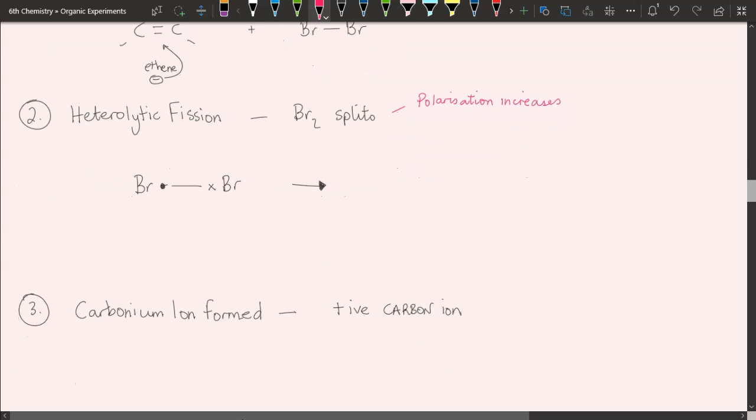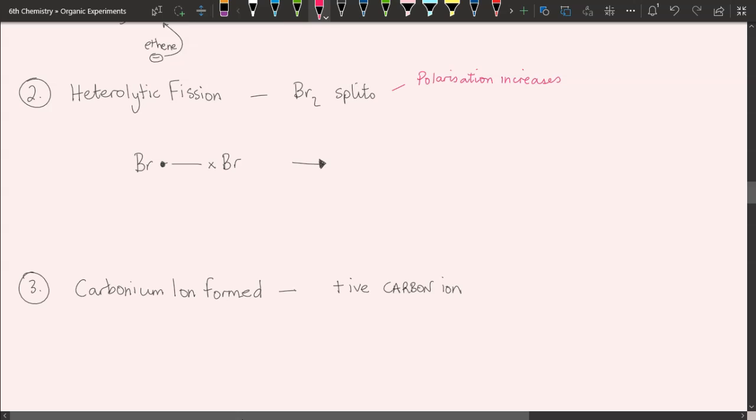And here's what happens. So if you can imagine, you have a bromine molecule and you have electrons being shared. You have the dot and you have the cross. When these split, what happens is the electron here moves to this bromine here. Now when something loses an electron, it becomes more positive. So this bromine here is losing an electron, therefore it ends up becoming Br positive.